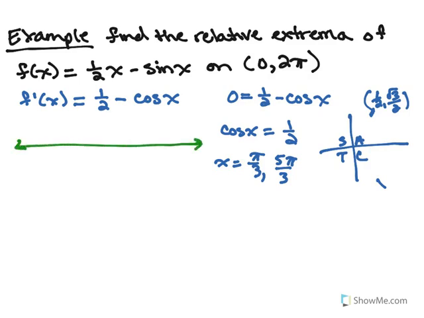So we're going to make a number line. We're going to put our critical points on it. And I need to pick some points to test to the left and the right of them.